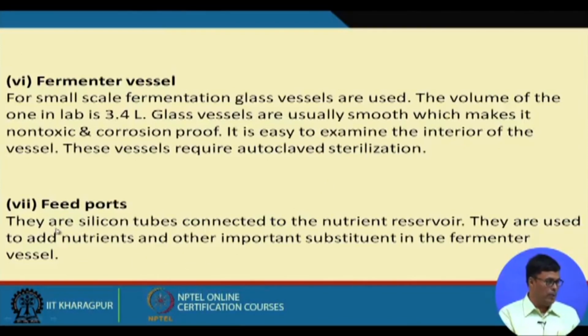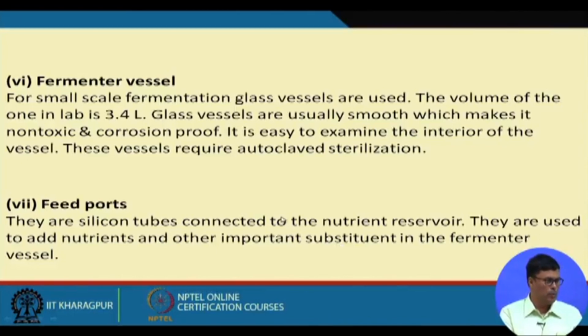In the lab fermenter we use silicon tubes for transferring liquid into the fermenter. In industry we have stainless steel pipelines through which we add the nutrients and transfer to the fermentation vessels.